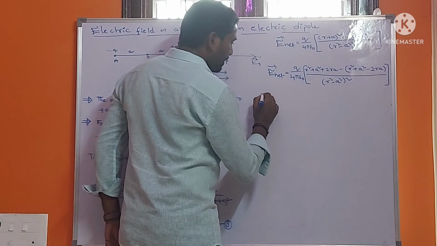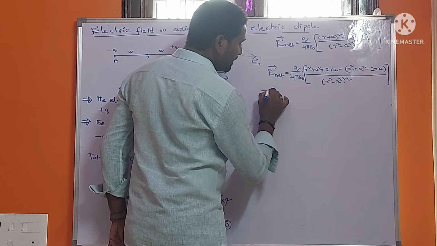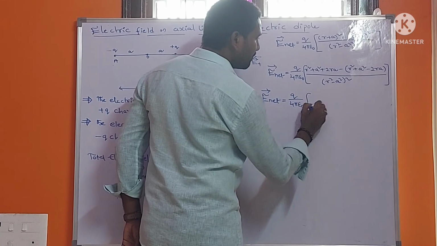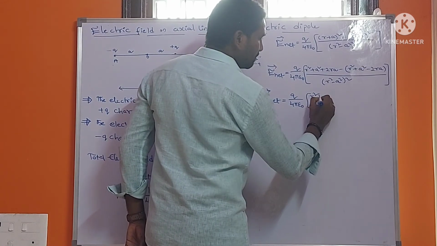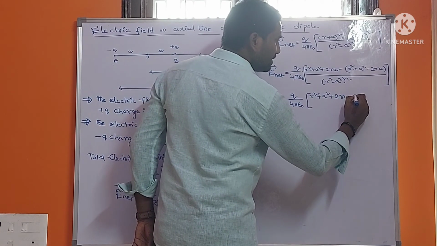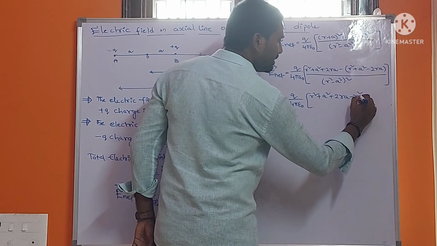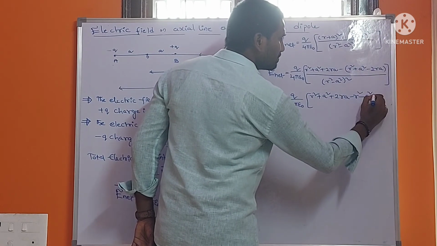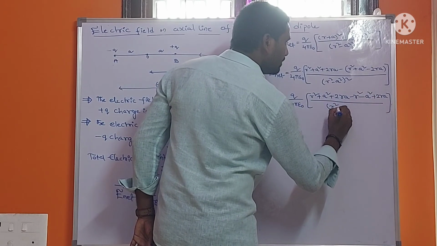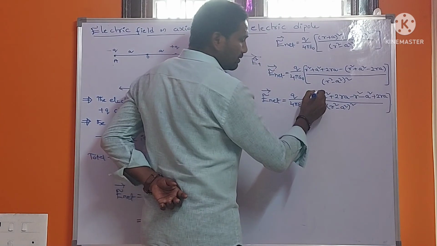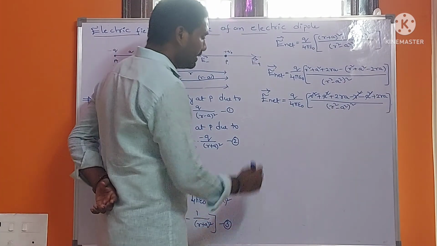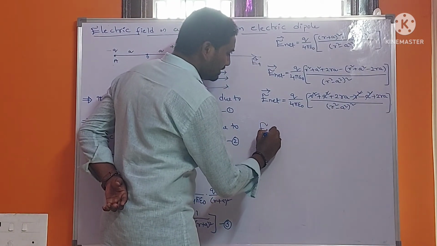Okay, now E net is equal to Q by 4 pi epsilon naught, R square plus A square plus 2RA minus R square minus A square plus 2RA, by R square minus A square whole square. R square cancels, A square cancels.